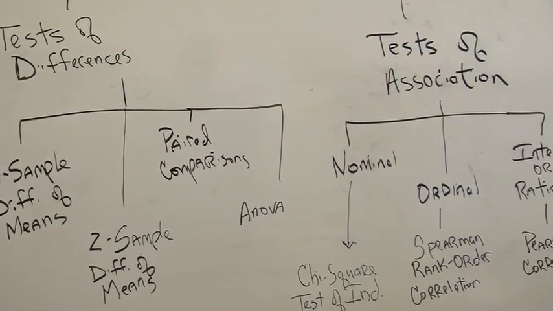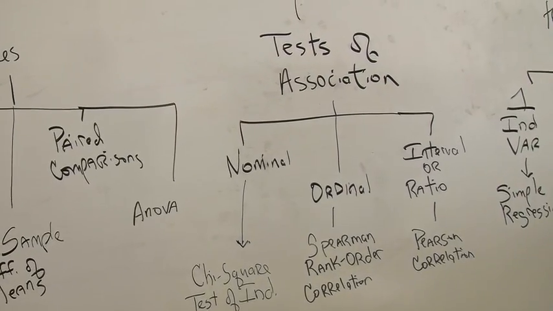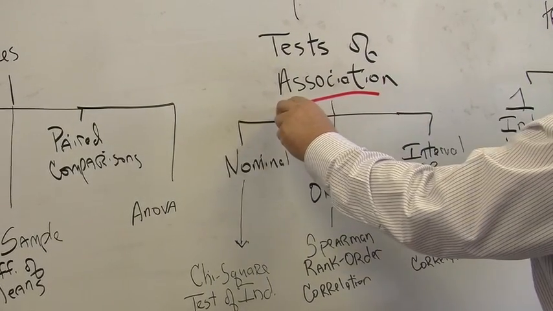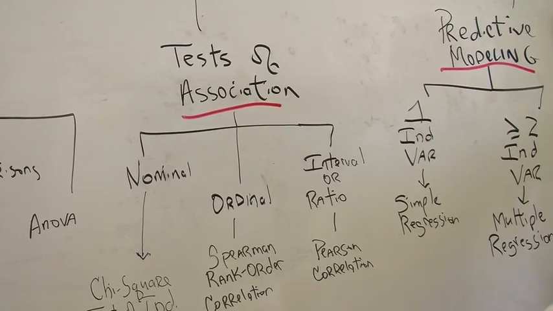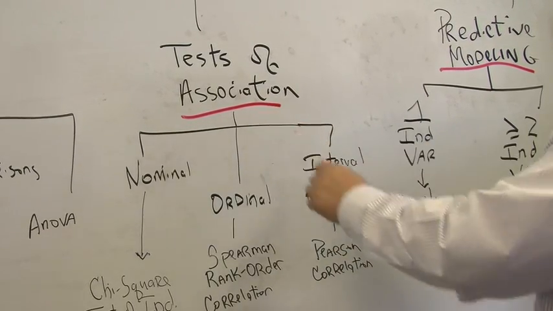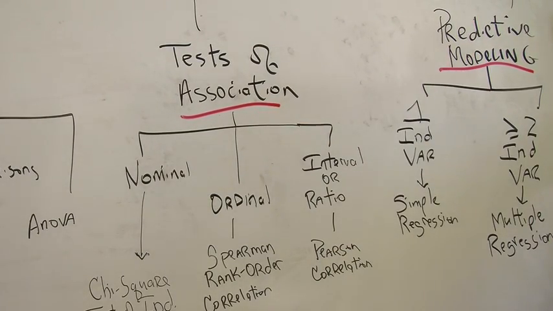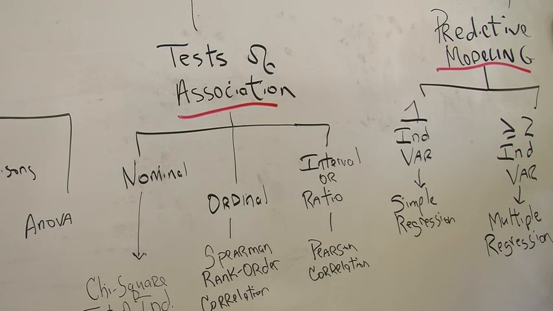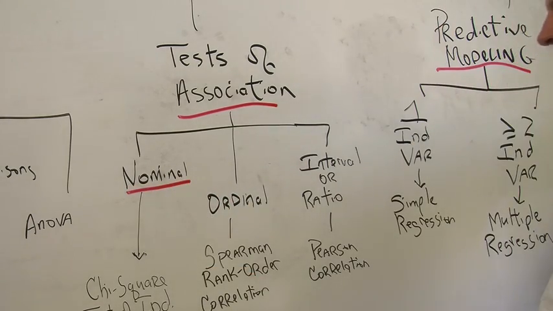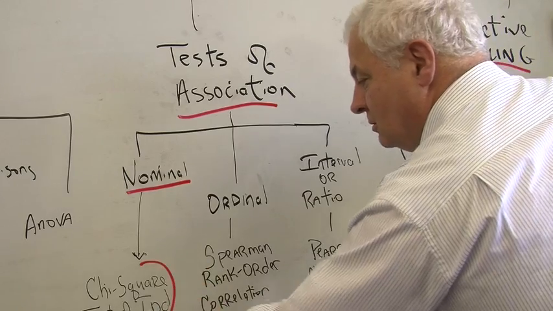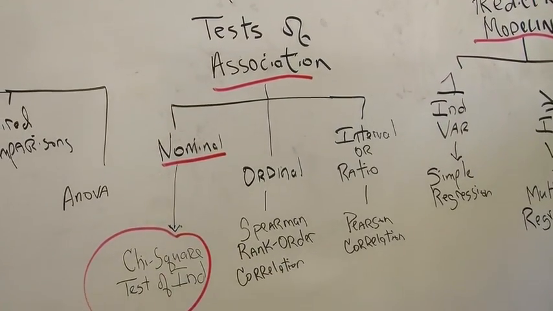What we do in chapter 12 is we introduce you to both tests of association and predictive modeling. Now, we're going to learn 3 tests of association over the next few weeks. Notice here that the type of test of association that we do is based on how the data are scaled. If our data are nominal, we're going to do the chi-square test of independence.